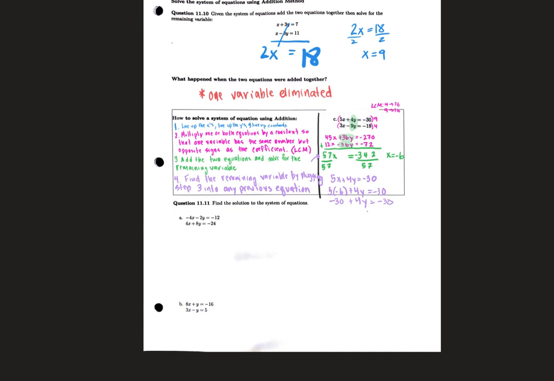And I add the 30 over. I get 4y equals 0. Divide both sides by 4, and I get y equals 0. So the solution to my system of equations is x is negative 6, y is 0. Or you can write it as a point, negative 6 comma 0. Either of those are perfectly fine ways to write the solution.